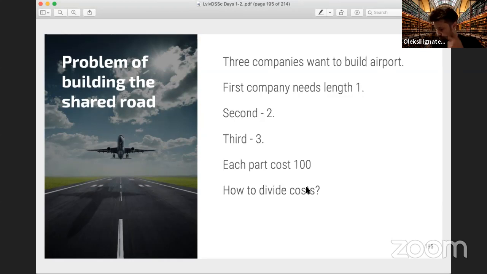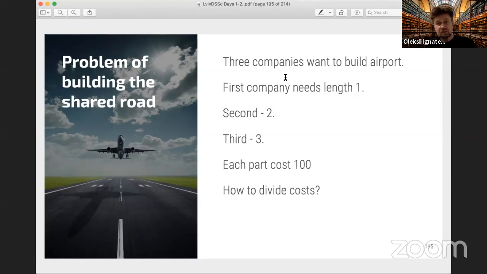And actually, it's very useful, especially if you need to calculate some allocation automatically between quite a big number of players, and it's very good for programming. So let's consider what the Shapley value is on an example. We have three companies, and they want to build an airport, and they need this line for planes.